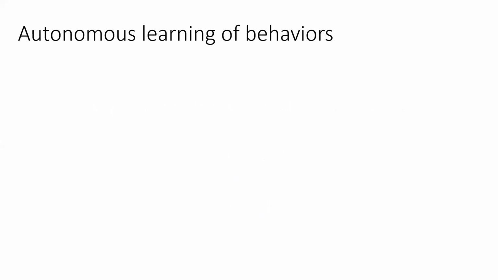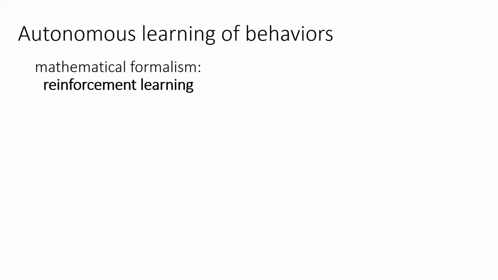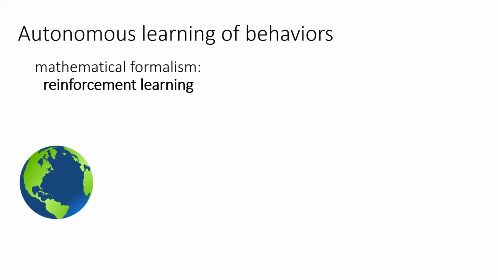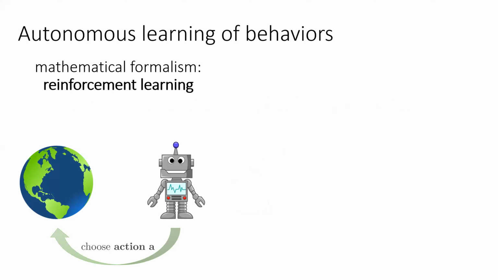In a lot of my work, and a lot of other work recently, a very useful place to look for algorithms is the field of reinforcement learning. This provides us with a mathematical formalism for learning-based control, where you have an environment and an agent, which in our case will be a robot. The robot chooses actions and the environment responds with states and consequences of that behavior, which are rewards.